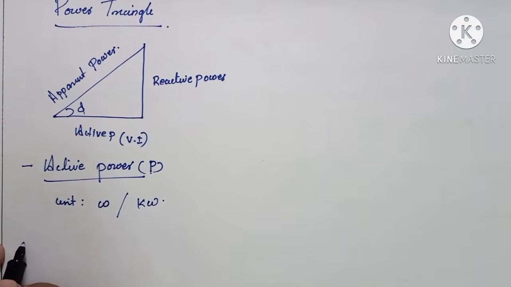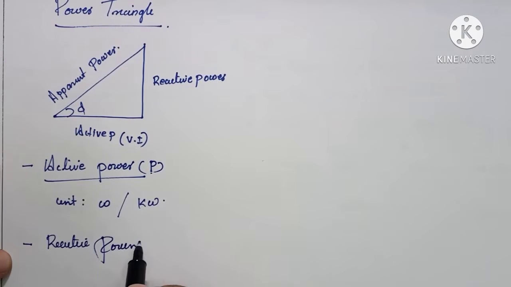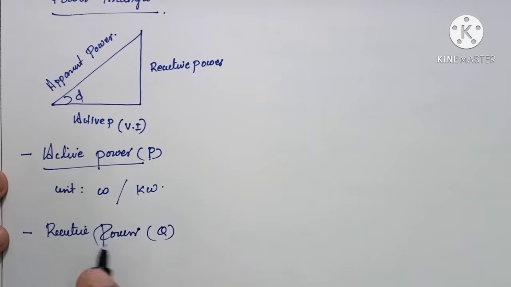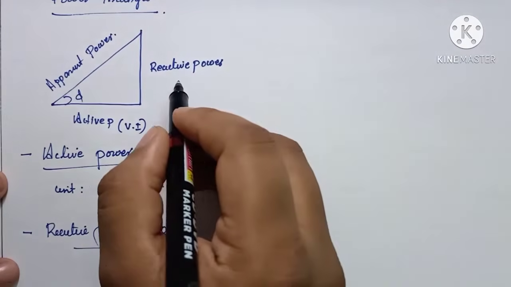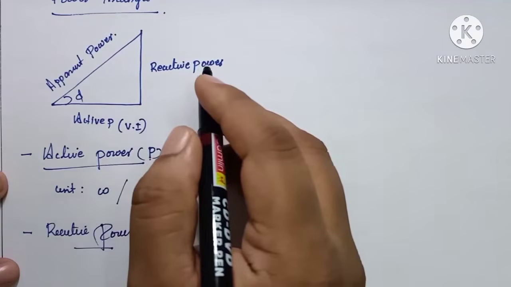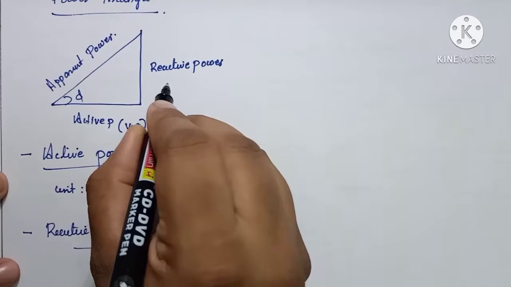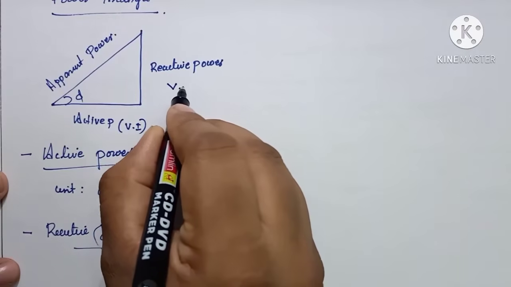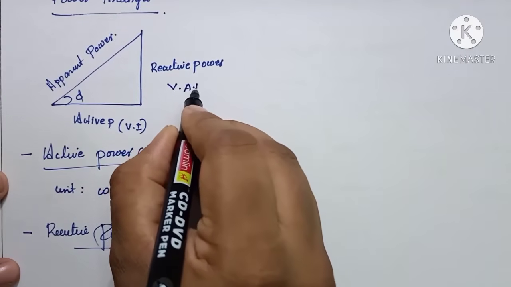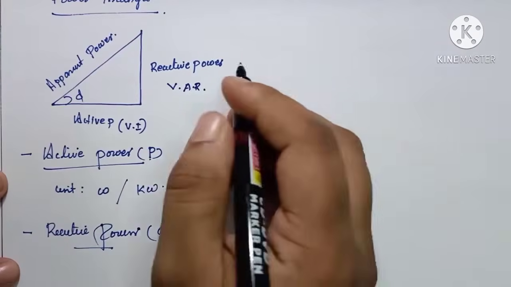Next is reactive power. It is normally represented as the letter Q, and this will be the product of applied voltage and the reactive component of the current. Okay.